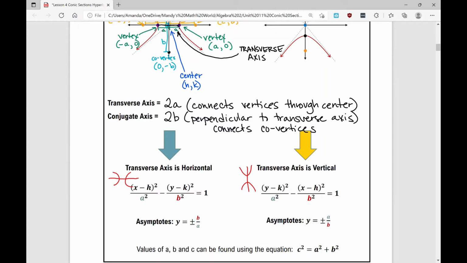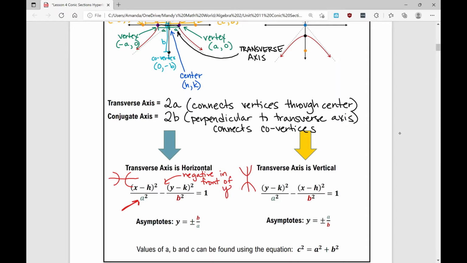When your transverse axis is horizontal, your large term is underneath the positive fraction, okay? So when your transverse axis is horizontal, you'll have a negative in front of the y.